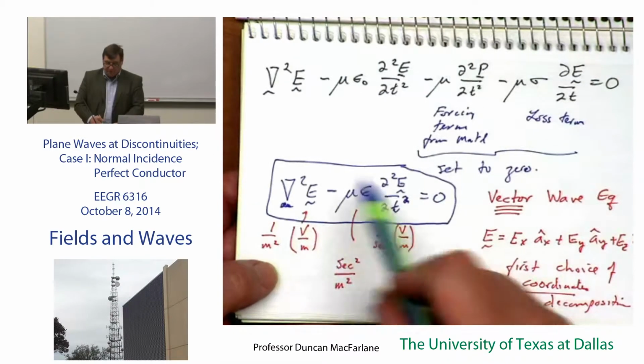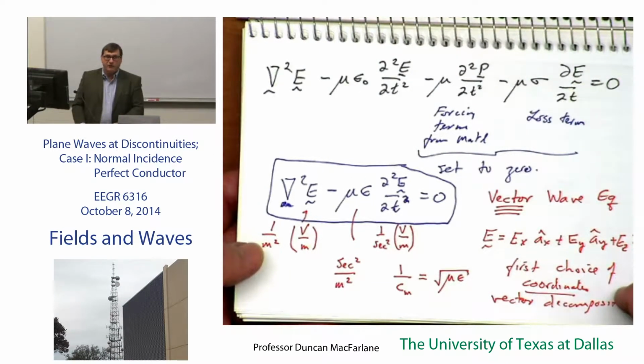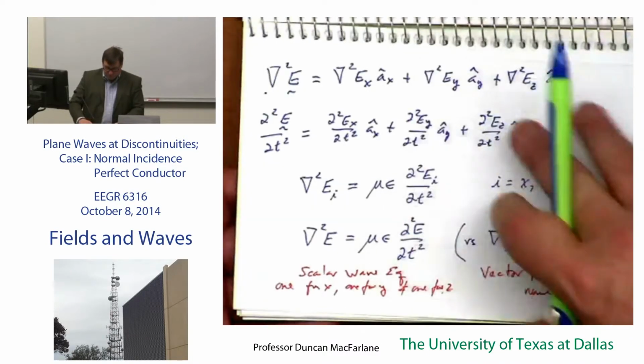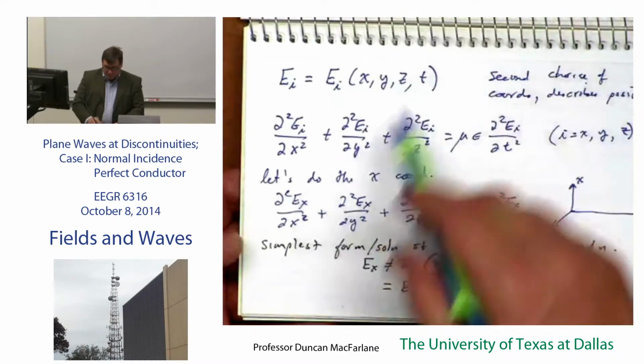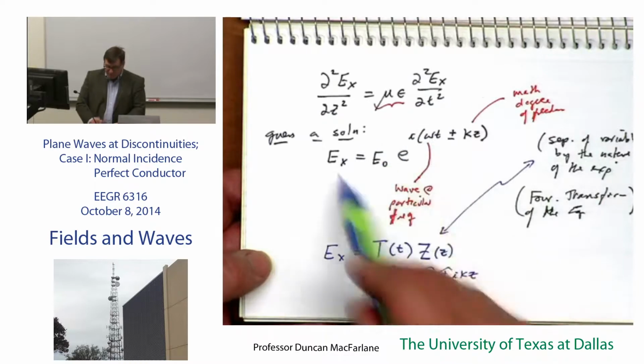There's the vector wave equation for the electric field, for example. You may have already derived that for the magnetic field. So you look at all the components of each one, and you get solutions.